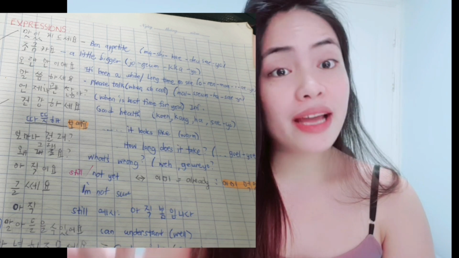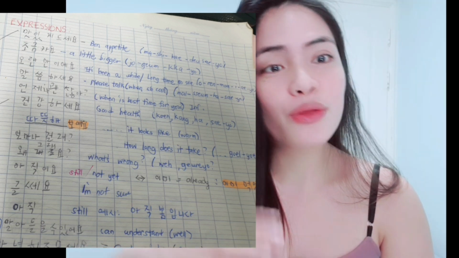And have a good health, 건강하세요. So those fixed expressions like 안녕하세요 and 죄송합니다 or sorry. And then we say 안녕히 가세요, 안녕히 계세요. This is a different way to say goodbye.